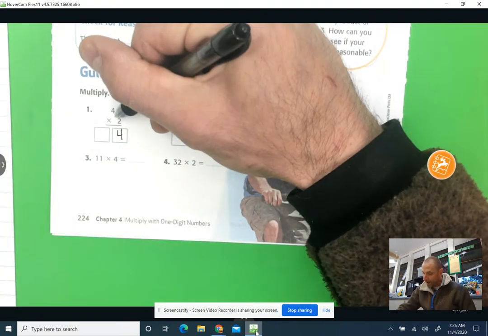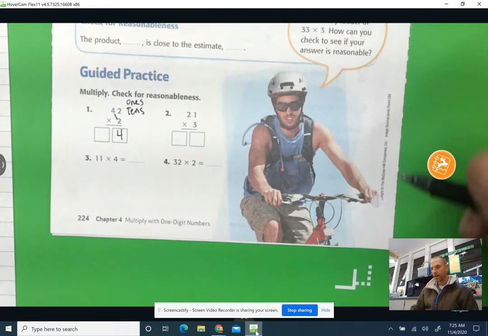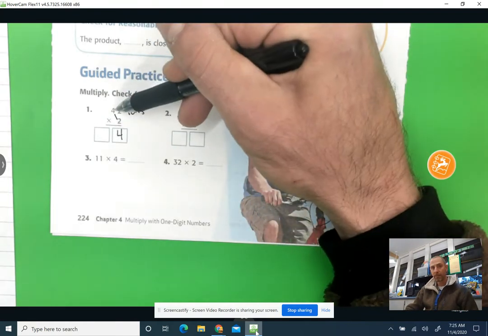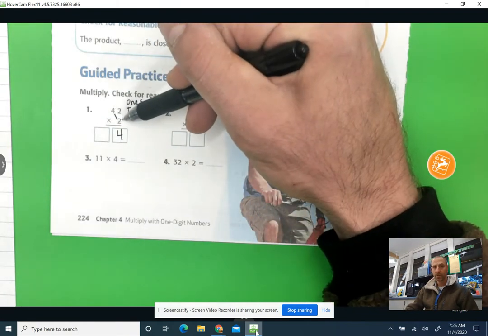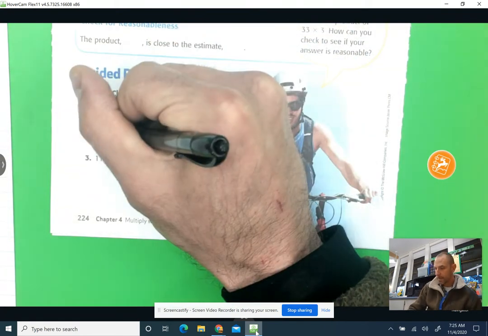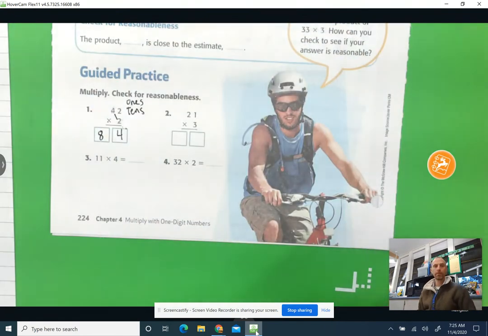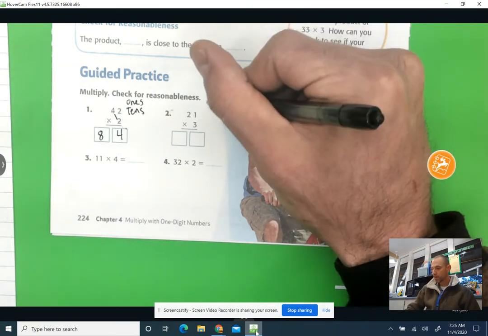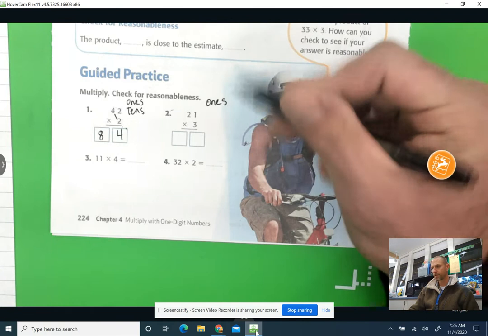This is where you've got to multiply diagonally, right? You're not used to that. You're used to it vertically, up and down, but you're going to give that 4 to the 2. 4 times 2 is 8. 84.